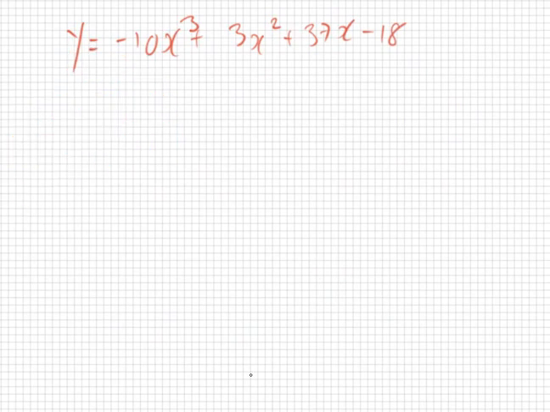So the way to find out how many roots a cubic has is you should do a very, very quick sketch, and you should include the turning points on the sketch. So the derivative here, minus 30x squared plus 6x plus 37 equals 0.